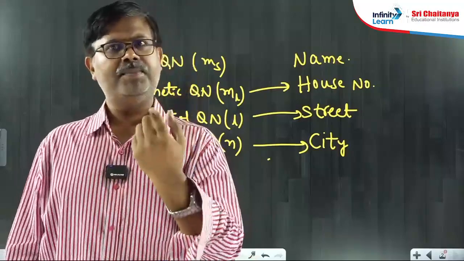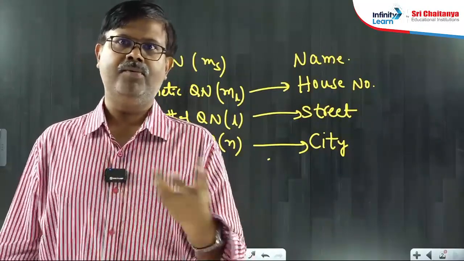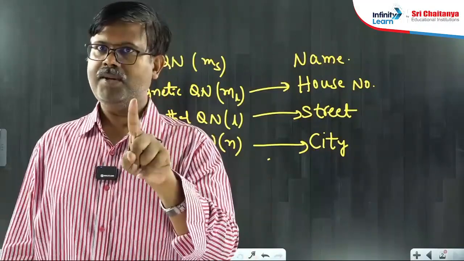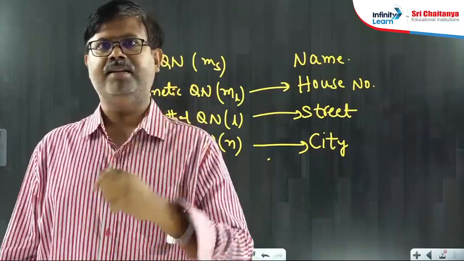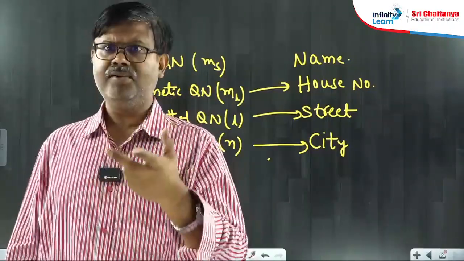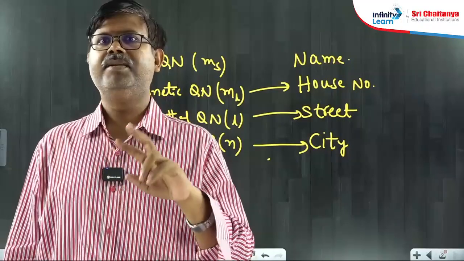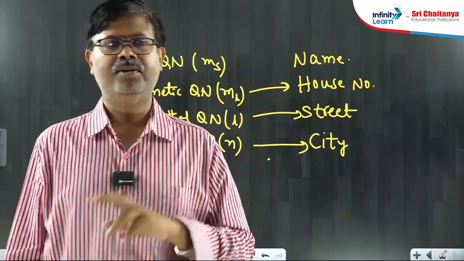Or only one person can be there, male or female, or no person also can be there. House can be empty also, but not more than 2 persons. If there are 2 persons, one has to be male, one has to be female. Visualize like that. In other words, one electron will be in clockwise spin, the other electron will have anti-clockwise spin. That is the male and female analogy I am talking about.